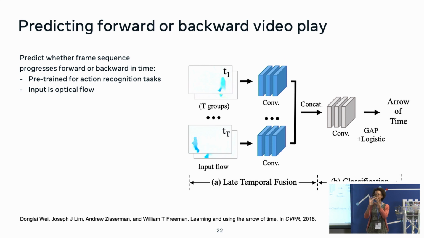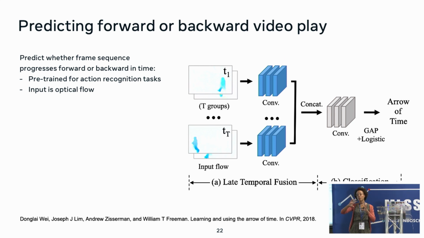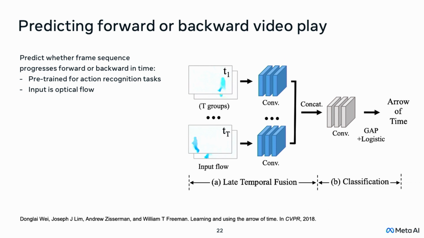So it's giving you a flow field that's showing how each pixel is moving from one frame to the next. So it's a good signal for what motion is happening in the scene. For example, this is probably an image of somebody walking. You can see there's a lot of motion in the legs. Okay? So these correspond to little vectors that are moving in the legs. And so this is the input that's used here.